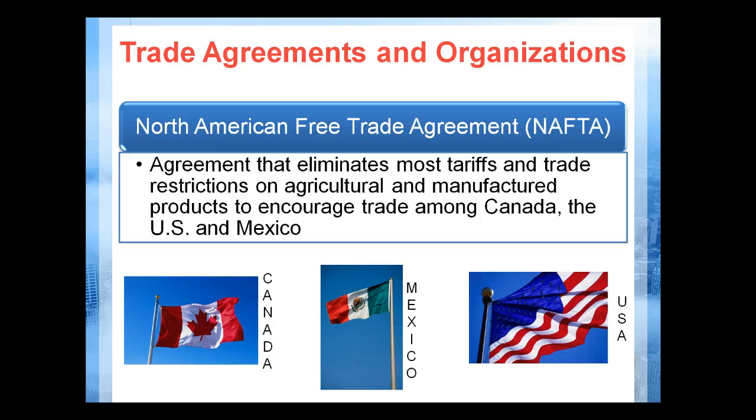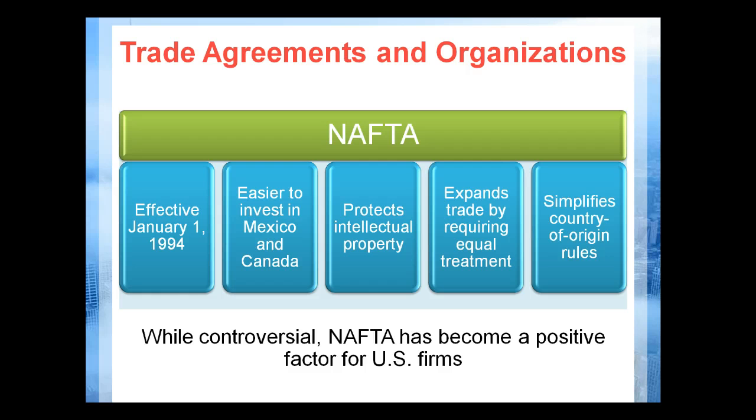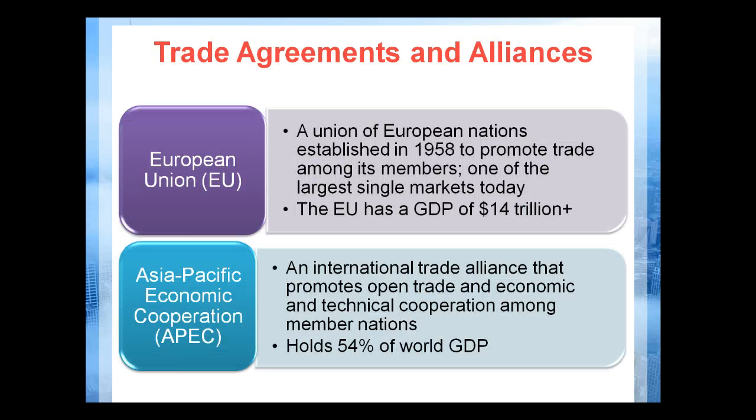Now, America has its NAFTA agreement, which includes the countries listed here, and the European nations have the European Union, which allows agreements among those nations, and there is the Asian Pacific Economic Cooperation. They are other agreements.